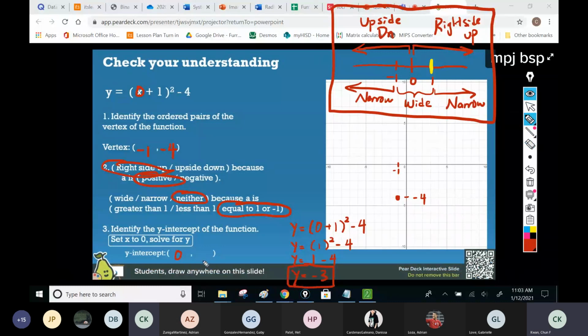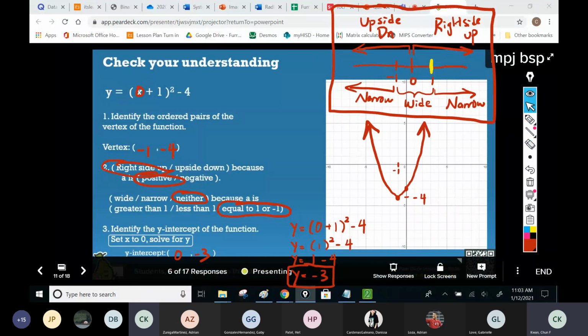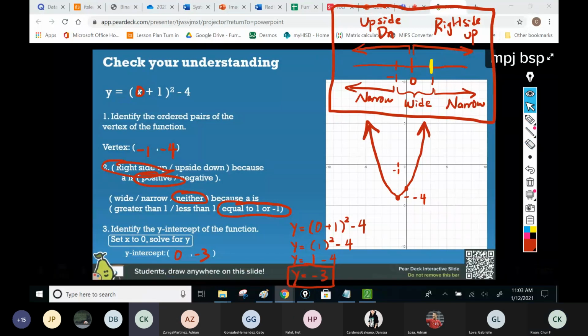When x is 0, y is negative 3. So that means right here. It will cross the y-axis like this. So set x to 0, solve for y.